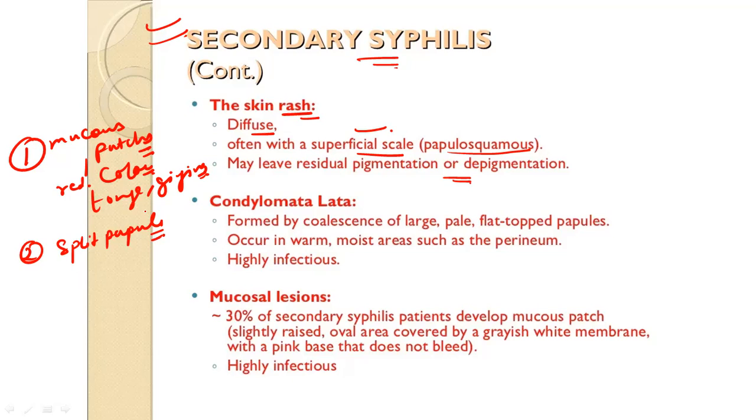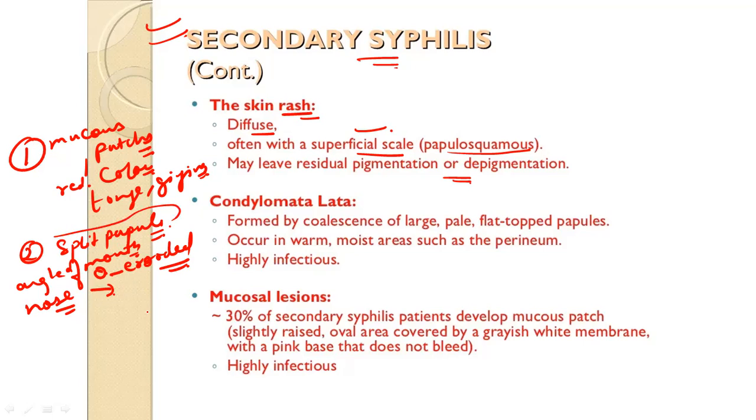Basically there is erosion and there are cracks. Around the angle of the mouth and nose there are nodules. They may get cracked and eroded. So these eroded nodules are called split papules.